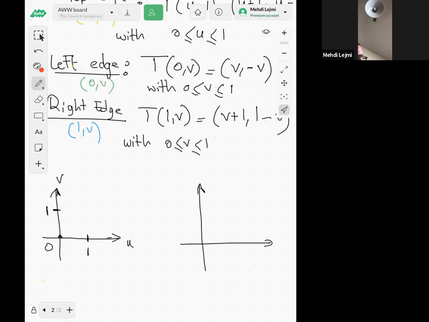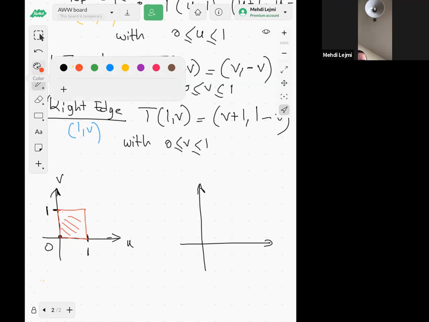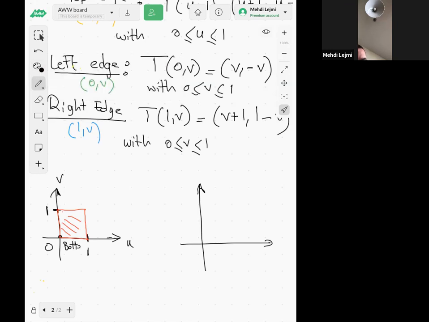I have this square. This is the bottom edge here, this is the top, this is the left edge, and this is the right edge.